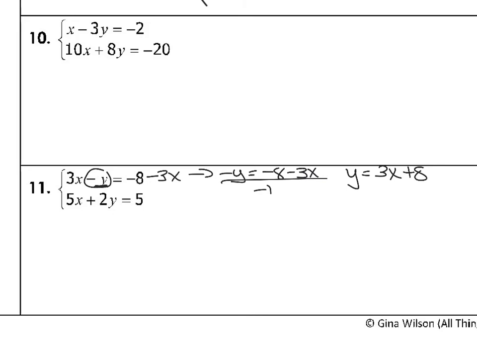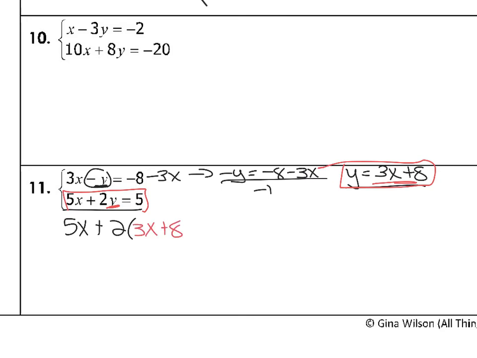Now we've got this equation and we've got this equation. These are the ones that we're dealing with. I'm going to replace the y with 3x plus 8. So we've got 5x plus 2 times 3x plus 8 equals 5.